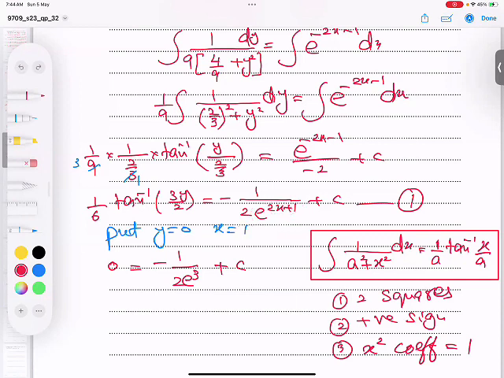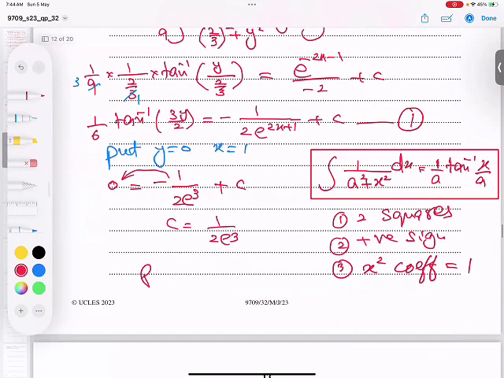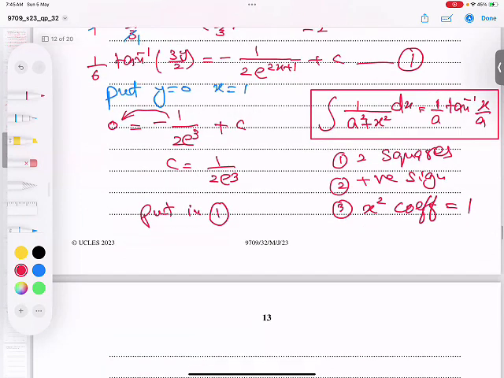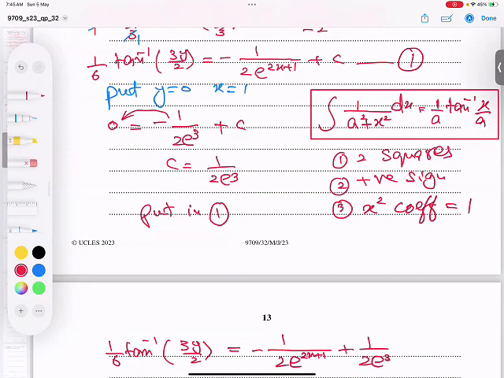And I bring it on the other side, it will become positive. This value I'm copying here. So put in 1. Algebra, okay. So here I got 1 over 2 e to the power 3.